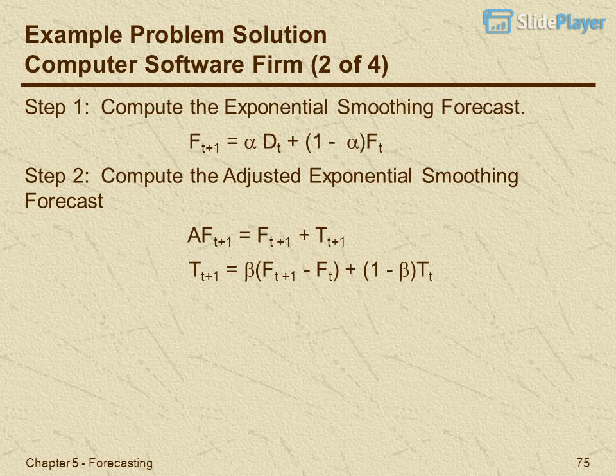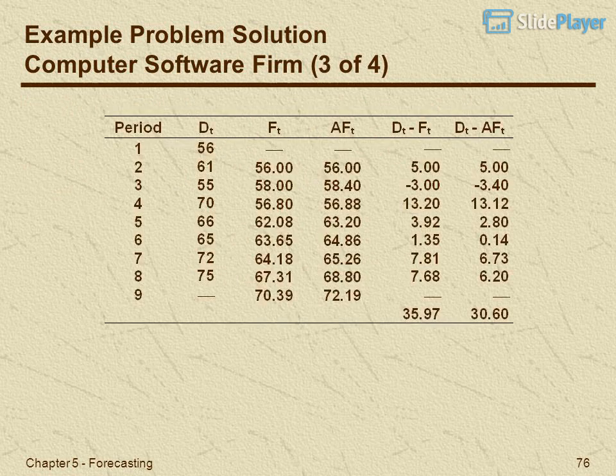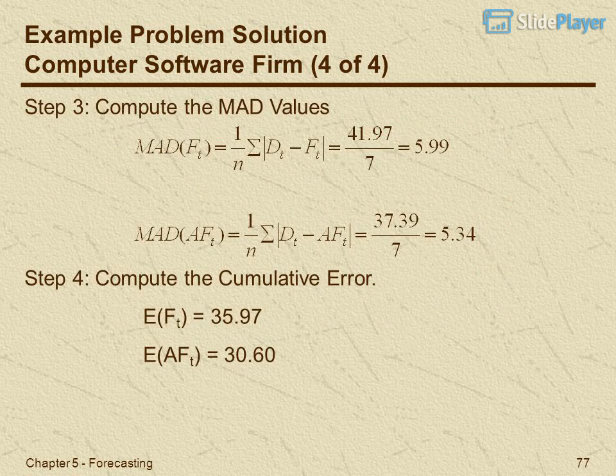AFt plus 1 equals Ft plus 1 plus Tt plus 1. Tt plus 1 equals beta (Ft plus 1 minus Ft) plus (1 minus beta) Tt. Example problem solution, computer software firm, 3 of 4 and 4 of 4.